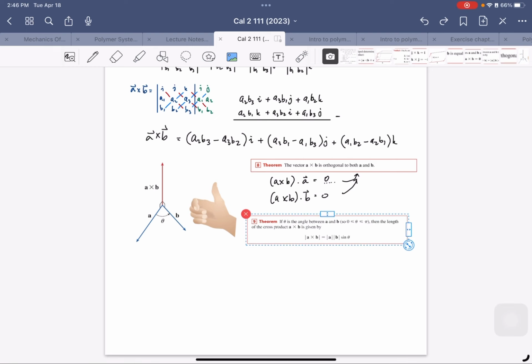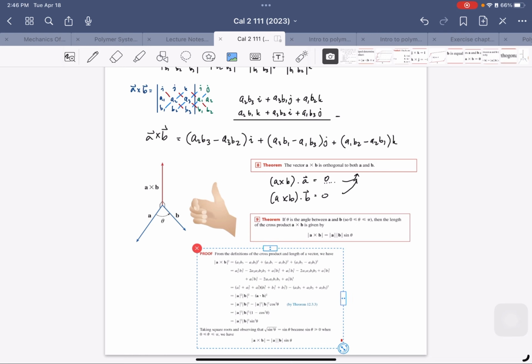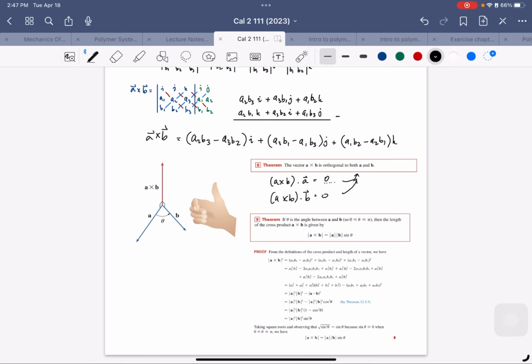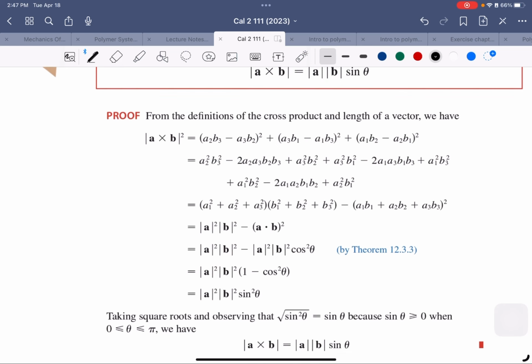So this theorem can be proven through these calculations. We start the calculations with A cross B, and then we square it, so everything inside is going to be squared. This gives a really long equation.